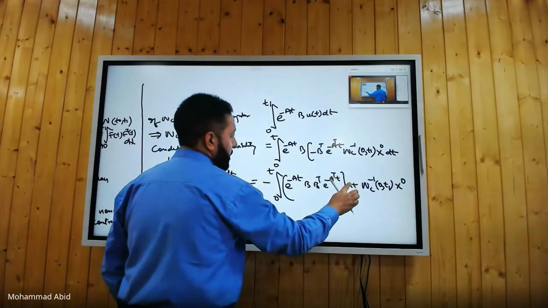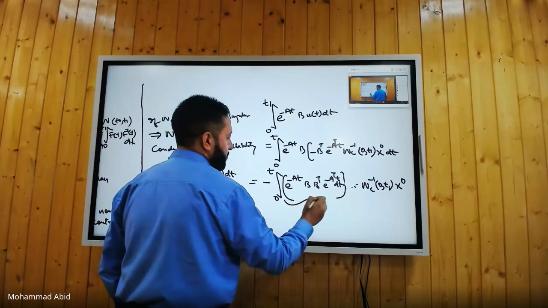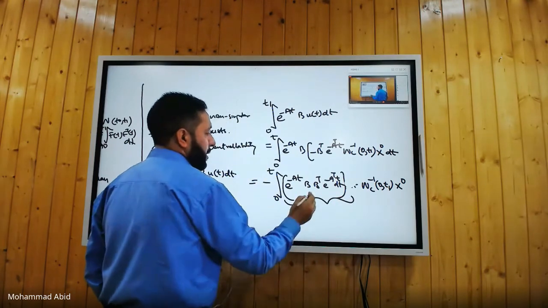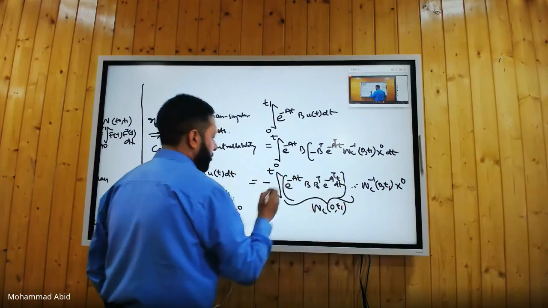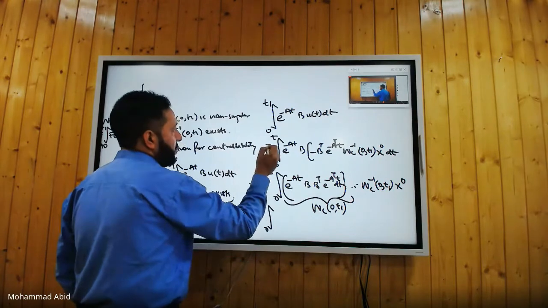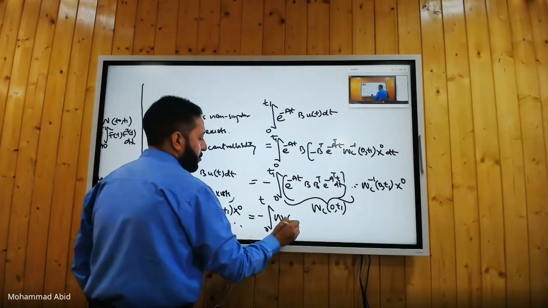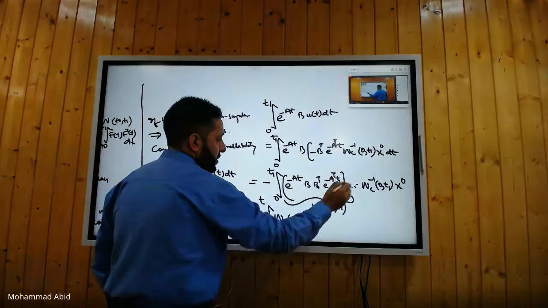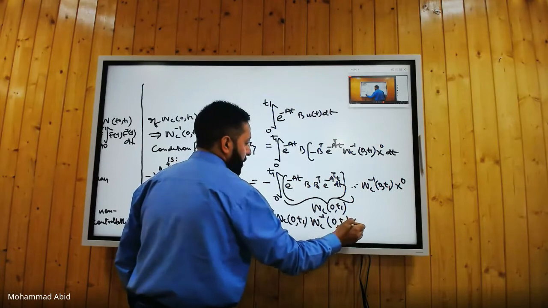Now, dt I will take inside. What is this equal to? This is your W_c(0,T1). So this will be equal to minus W_c(0,T1) then W_c inverse (0,T1) into x naught.